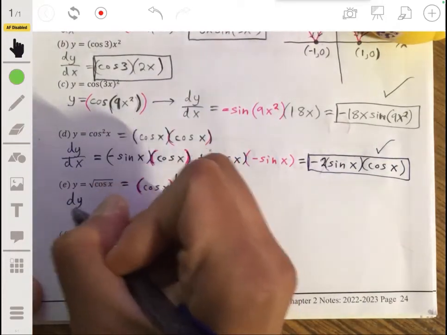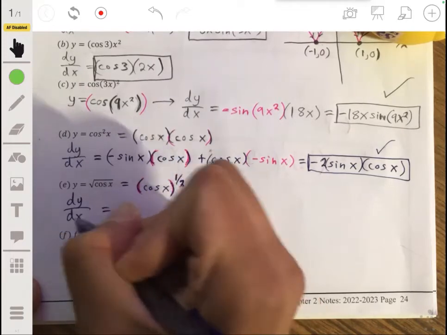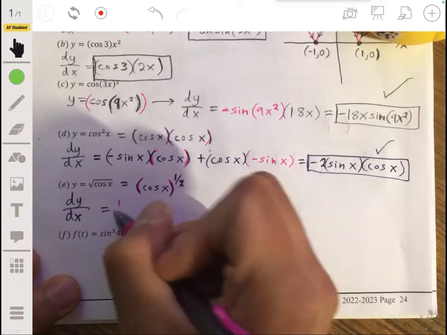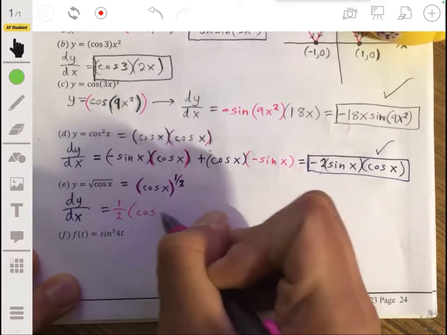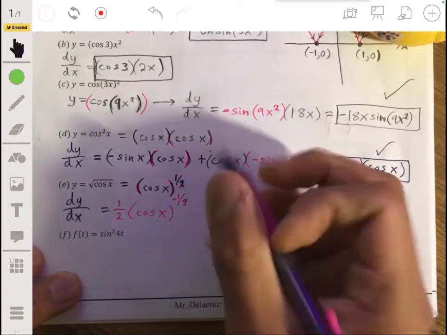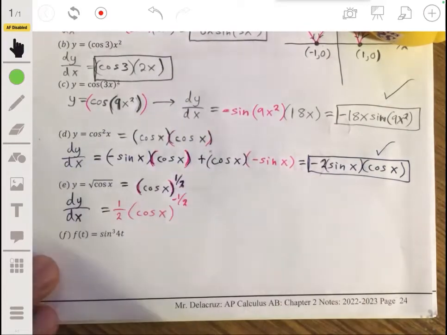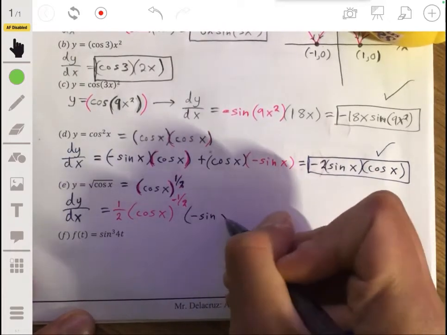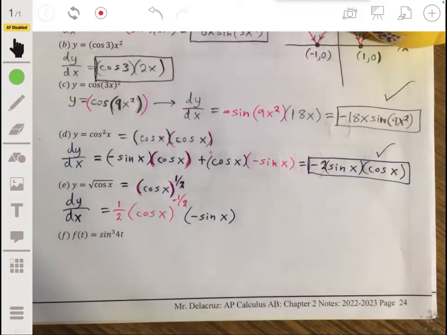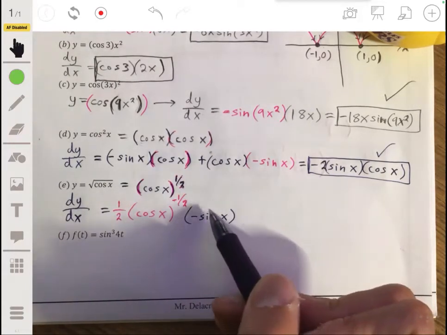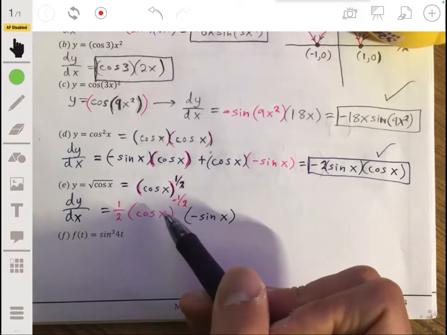So then dy/dx will be equal to the derivative of the outside, which is going to be 1/2 times the cosine of x to the -1/2, because you take away 1 from the 1/2, multiplied by the derivative of the cosine of x, which will be negative sine of x. And then it'll just be simplified as negative sine of x over 2 times the square root of the cosine of x.